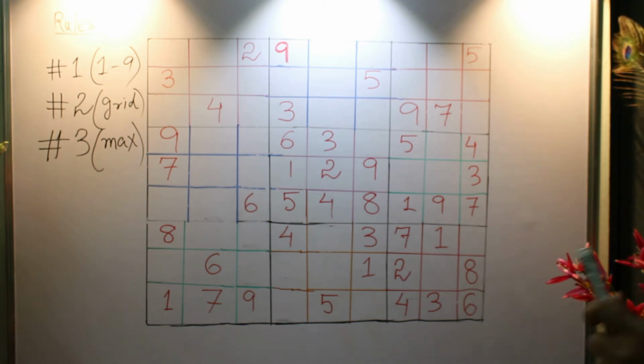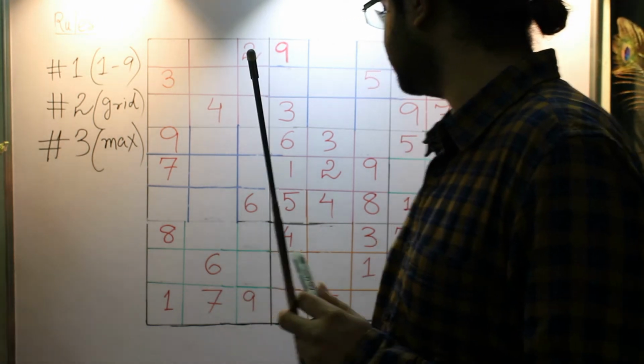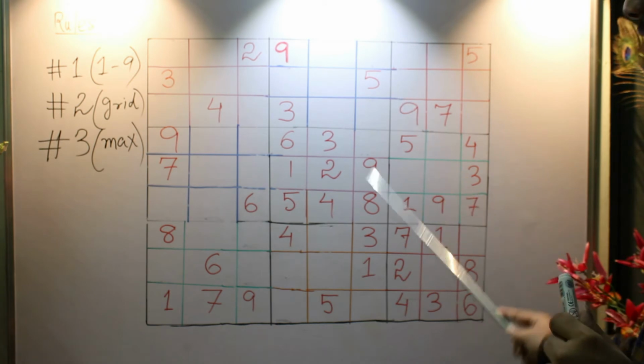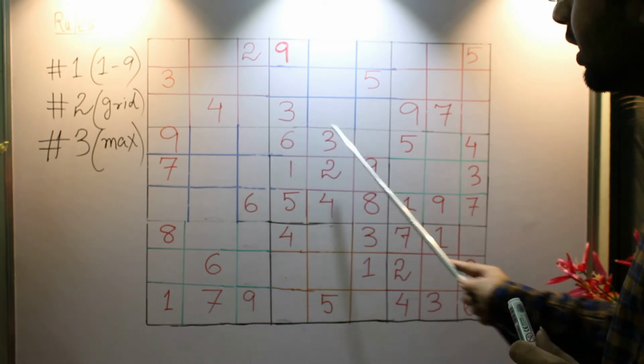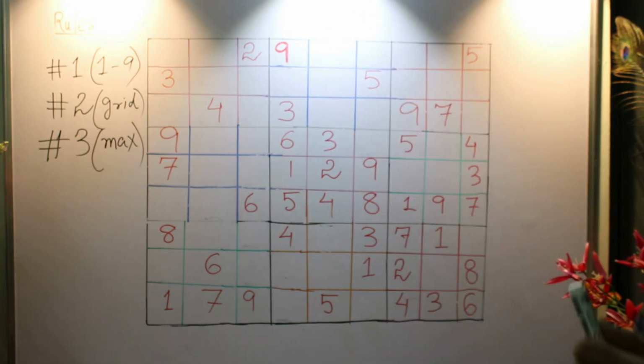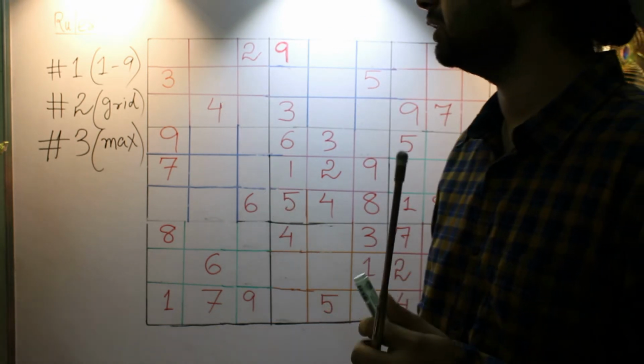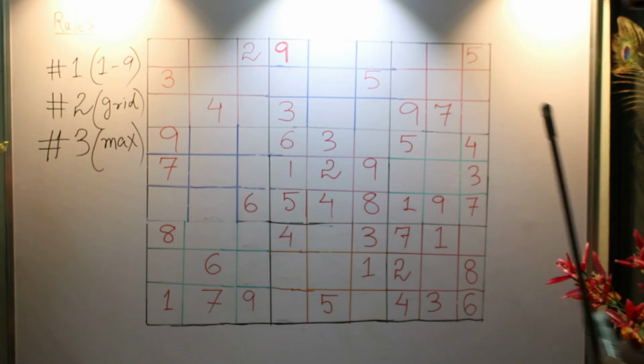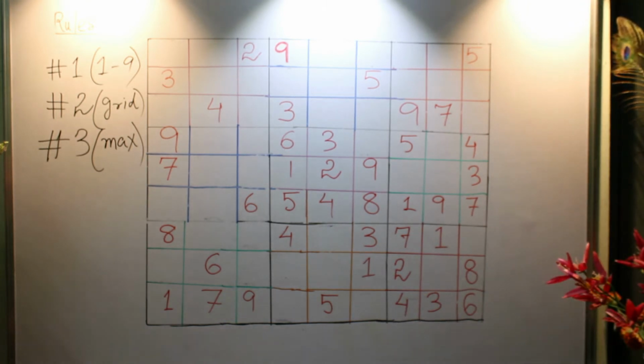Now, rule number 3 is that you have to search for any particular grid or row or column where the maximum numbers are there prior to the game. Now with this, let me start playing this game.